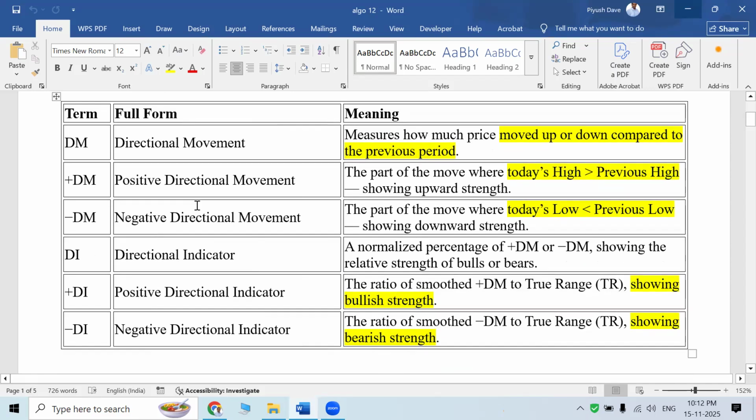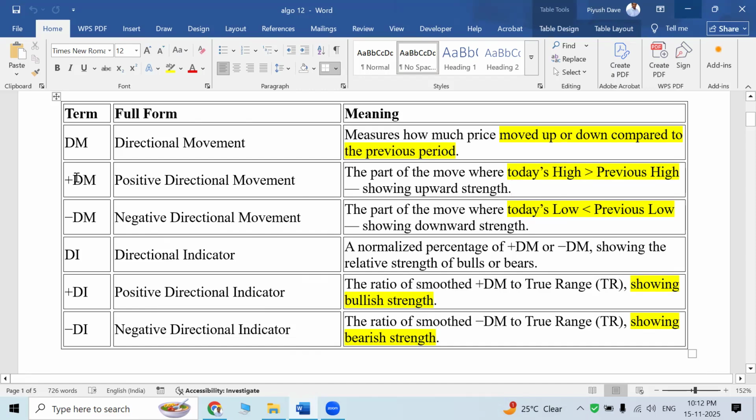If DM is positive, it is considered upward strength, meaning today's high is greater than the previous high. If DM is negative, it is considered downward movement, meaning today's low is less than the previous low.